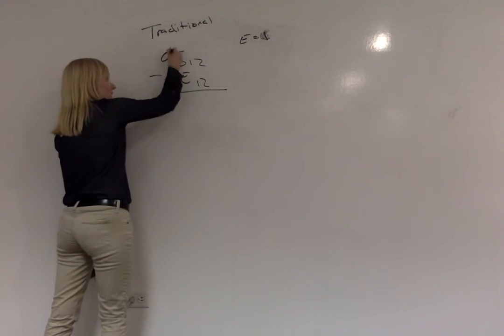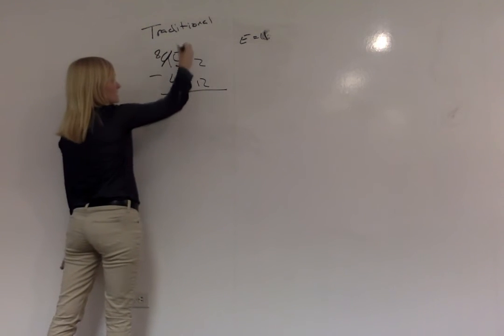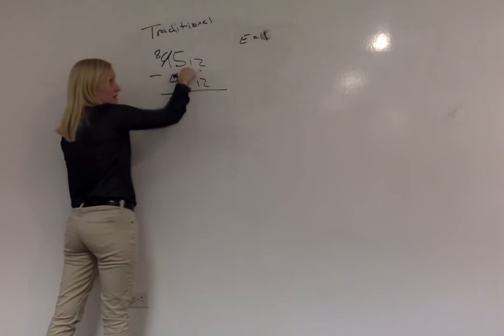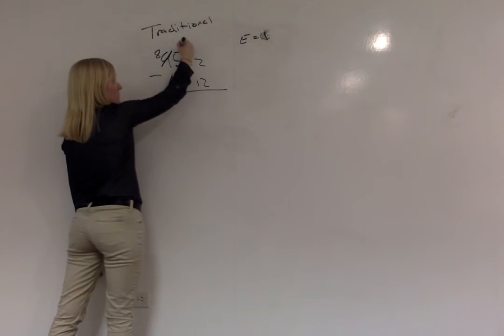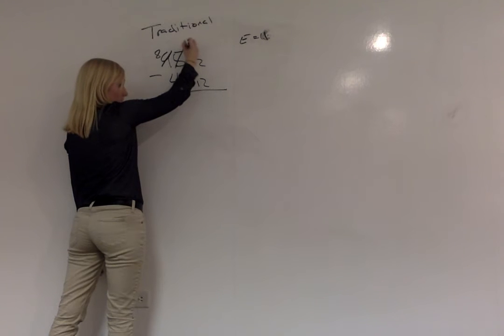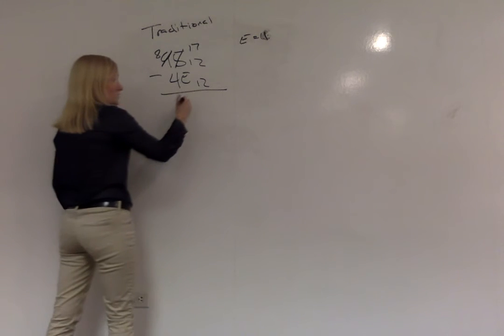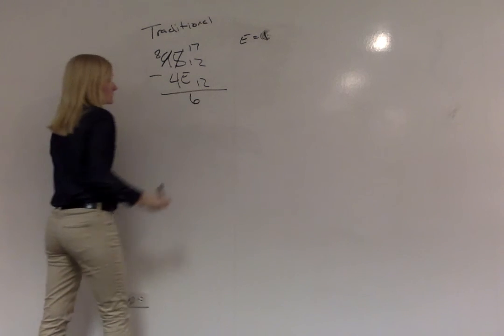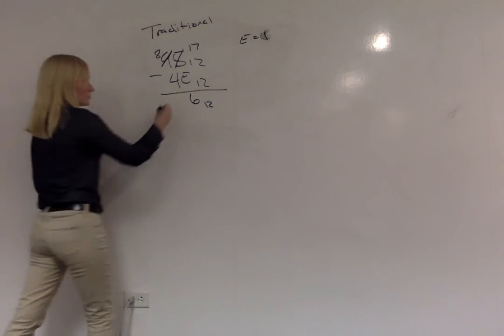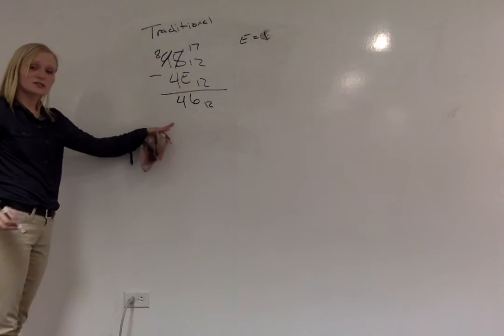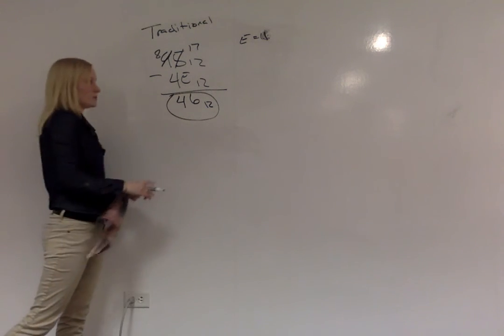So we will trade a group of 12 from the tens place and create a trade of 12. So 5 plus 12 is 17. 17 minus 11 will give you 6. Now we have 8 minus 4, which is 4. So the answer to this equation is 46 base 12.